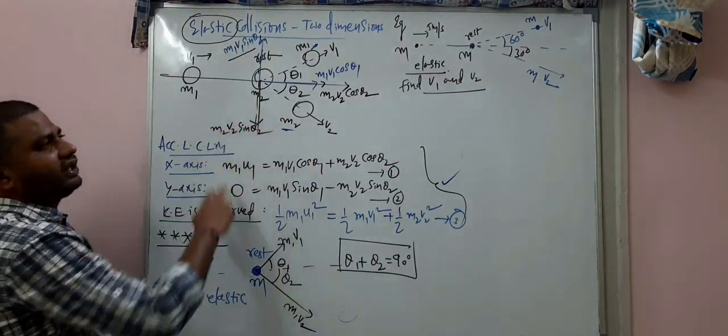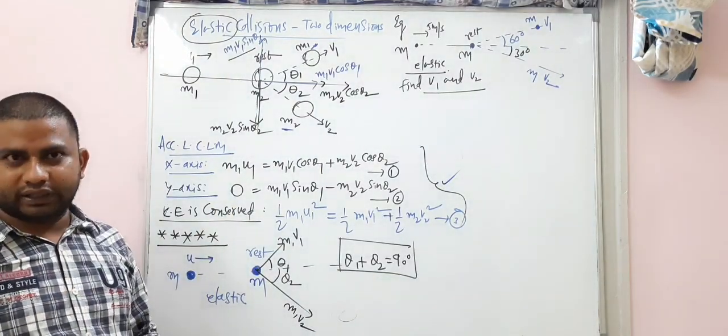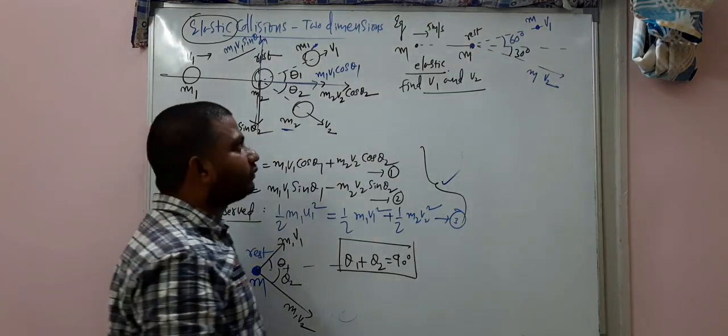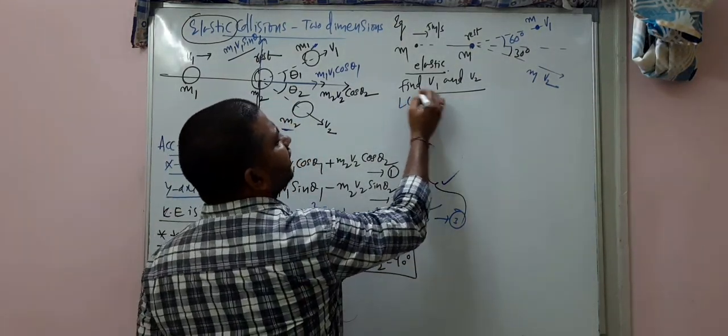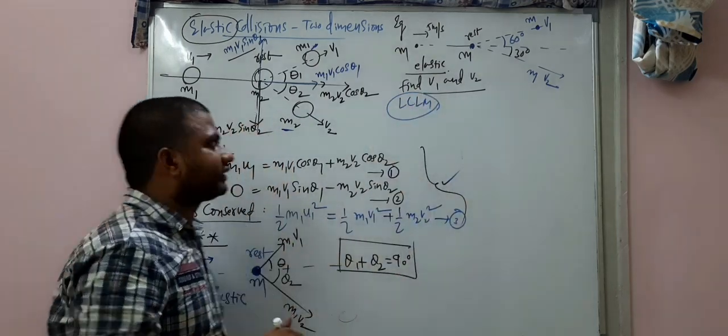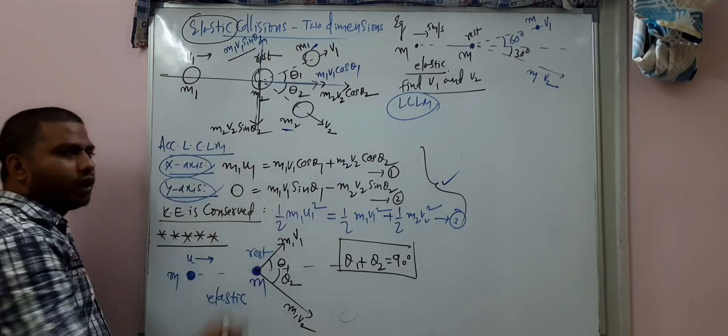Similar to this, now you have to apply the law of conservation of linear momentum. Let's see what we get. There are two equations, one along the x axis, another along the y axis.